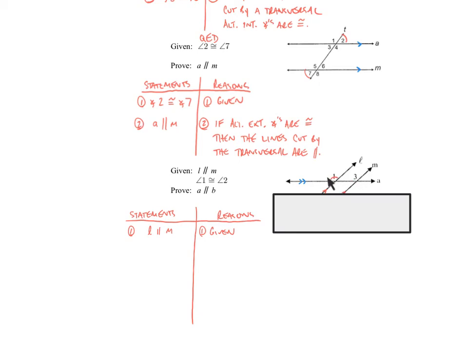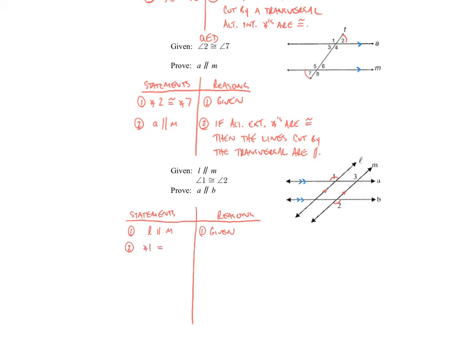They're in the same exact location of their respective intersection points on this transversal. So I'm going to say that angle 1 is congruent to angle 3. And the reason that I know that is because when parallel lines are cut by a transversal, corresponding angles are congruent.